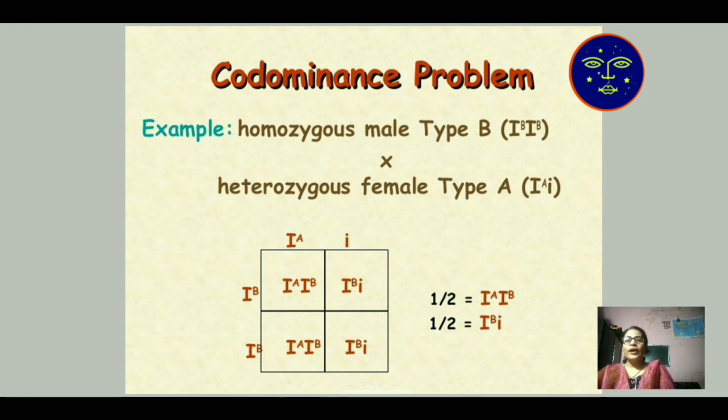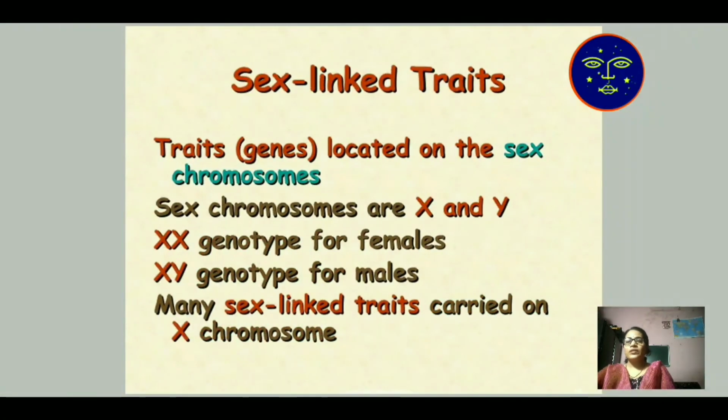When we cross them, the result comes 1:1, that is IAIB is 1 out of 2 and IBi is 1 out of 2, which means a 50% and 50% result.